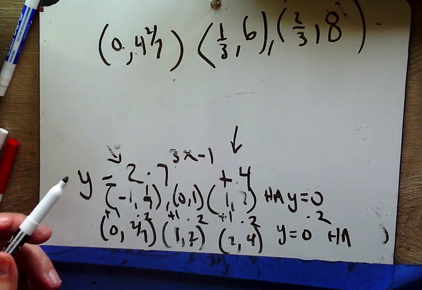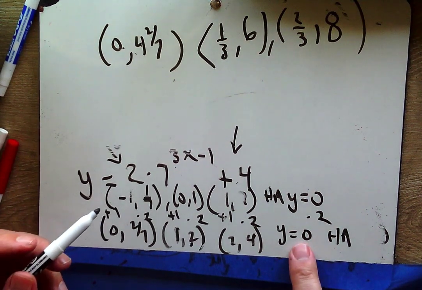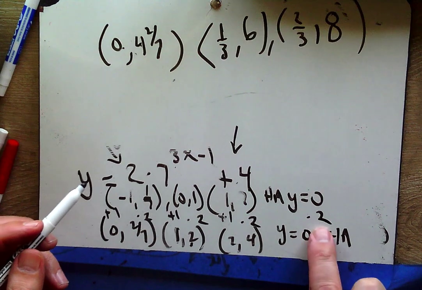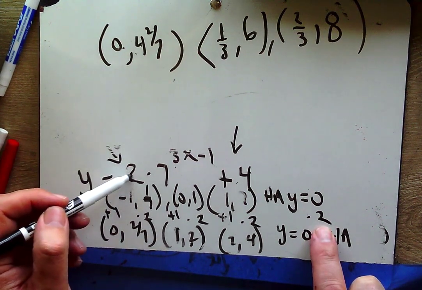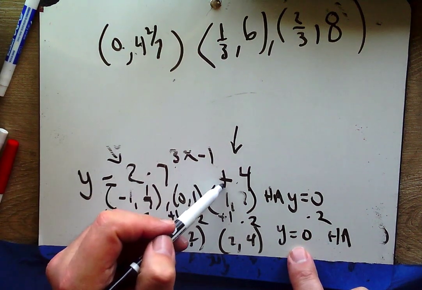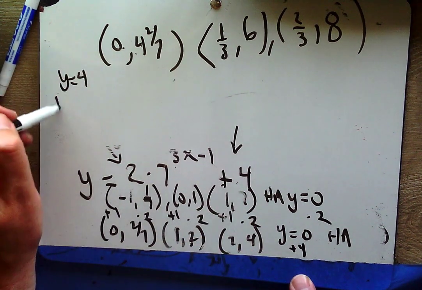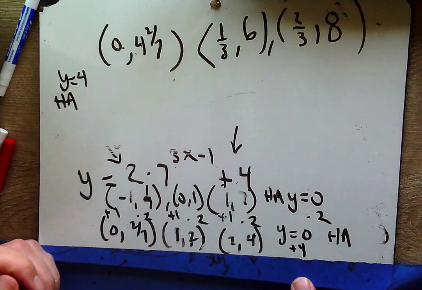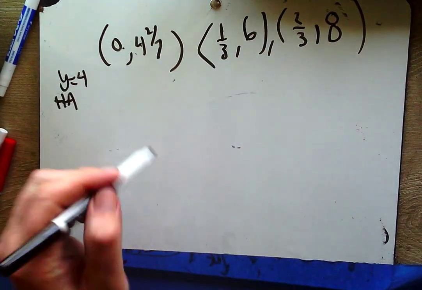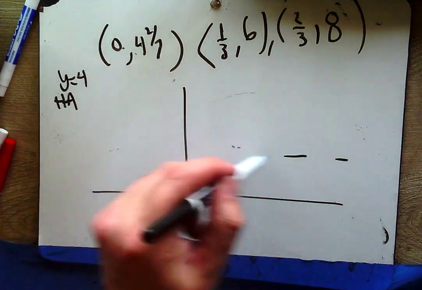All right, now, I think it's really important that we not lose sight of this. We applied this y transformation, but we still need to apply this y transformation. And so I get y equals 4 for the horizontal asymptote.